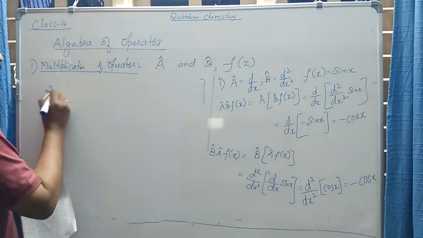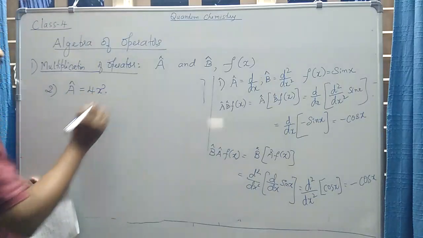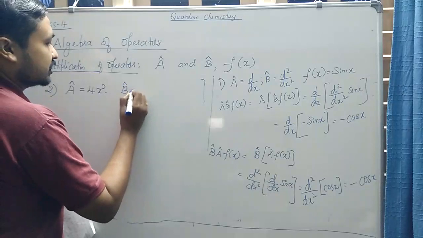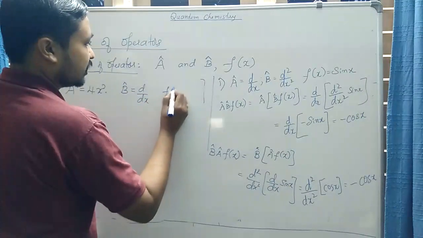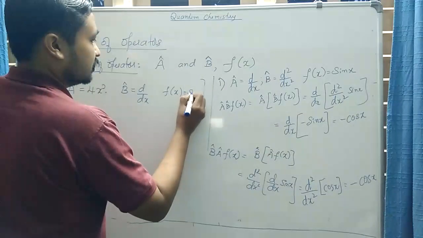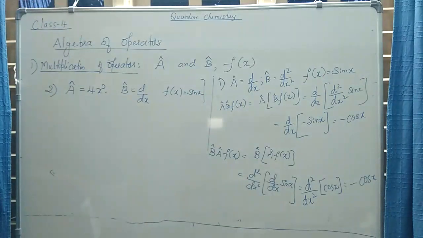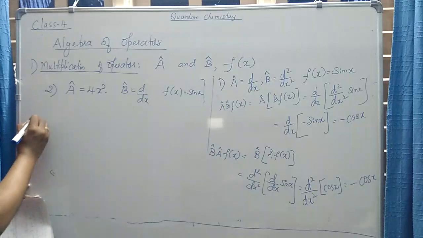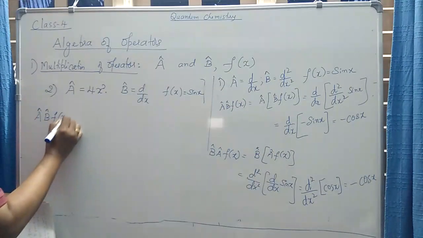Say for example, operator A is now 4x square, a multiplication operator. Operator B is d by dx, and the function f of x is sin x. We'll stick with the simple function. Now let us try to calculate A into B and B into A. What is A into B of f of x?